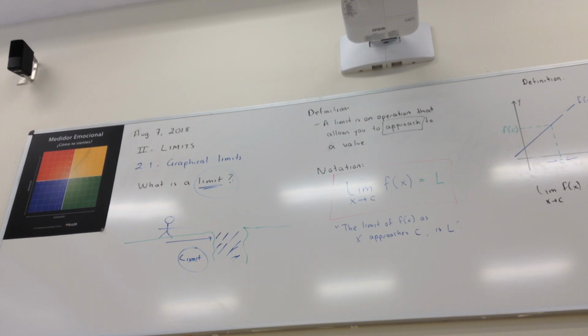In this case, for example, for this one, I approach that value from both sides, and then I approach the graph from both sides, and they get to the same point. But in this particular case, as I approach the 4, they get to 2 different values, but you cannot get 2 different answers. So, if they get to 2 different values at the same time, then we say that that limit in this case does not exist.